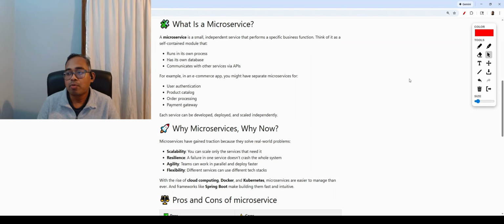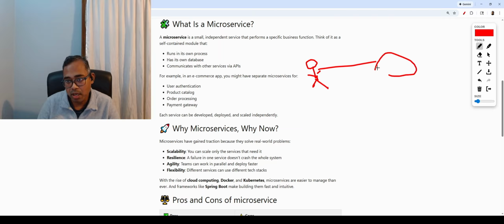So, if we want to see what a microservice architecture looks like, say this is our user, or our client, a web client or any client, and this client will go through a gateway service.